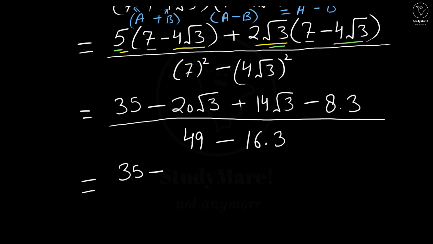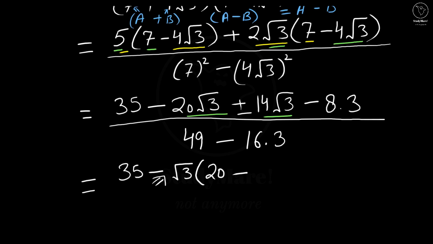Minus, we can take root 3 common over here as we have root 3 in both the terms. Since minus we have taken outside, the internal signs will change. So we will have 20 here, and here this plus will become minus because we have a minus outside.